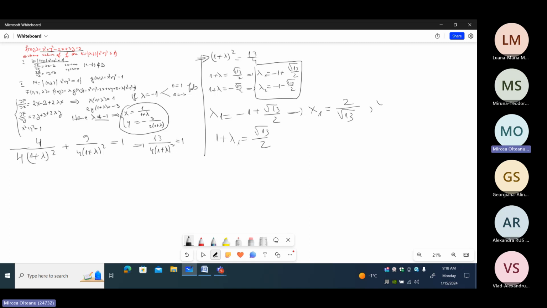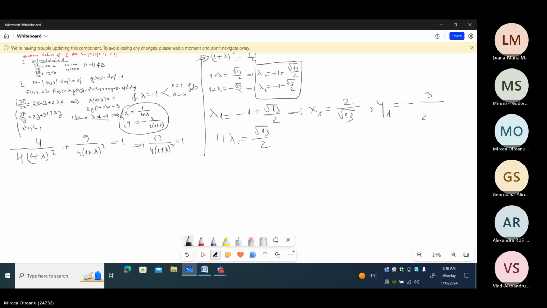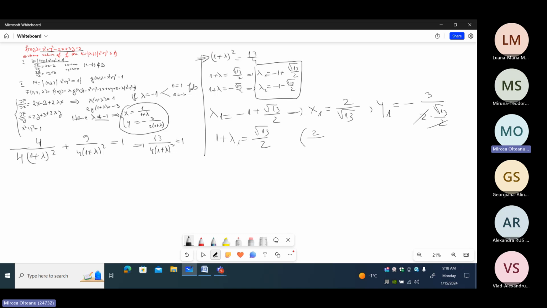And y1 will be minus 3 over 2 times root of 13 over 2, which is minus 3 over root of 13. So the first candidate will be 2 over root of 13 and minus 3 over root of 13.